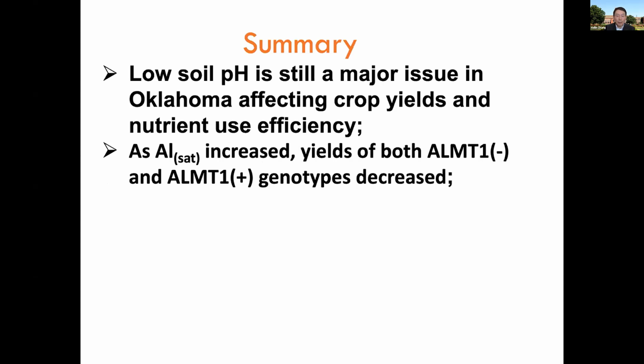As far as the effect of the aluminum tolerant gene is concerned, whether you have it or not, both are affected by the aluminum saturation percentage, or the actual amount of active aluminum. So there were no significant differences there.